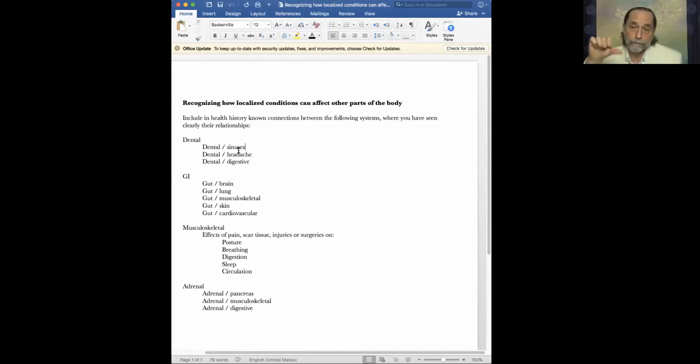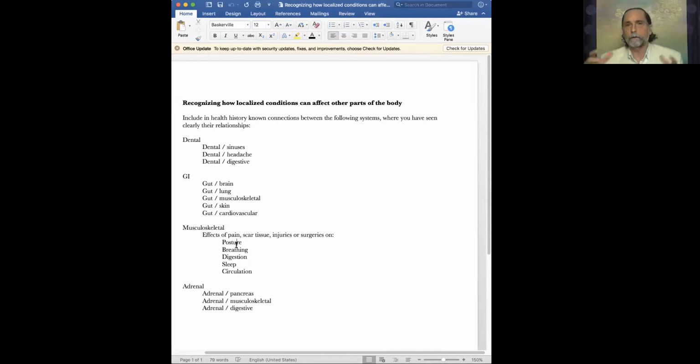So digestive problems in the lower are going to affect your oral health and vice versa. And then the GI tract is connected to everything: gut brain, gut lung, gut musculoskeletal, gut skin, gut cardiovascular. See if you can find for yourself. You eat certain foods, it increases the pain in your joints, okay? That's what we want to start looking for, these kinds of connections.